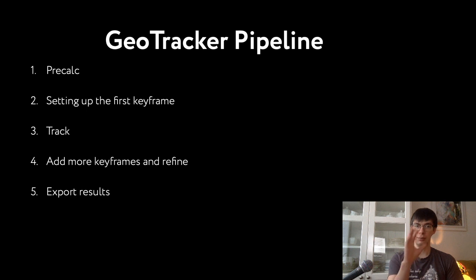Then you set up the first keyframe, then you track the object, and if you see that the object slipped away, you can add more keyframes and refine everything between the keyframes. So you basically split the sequence into different parts and track each part independently of all other parts. And then you have to export your results somehow.